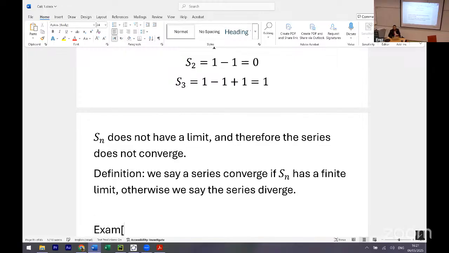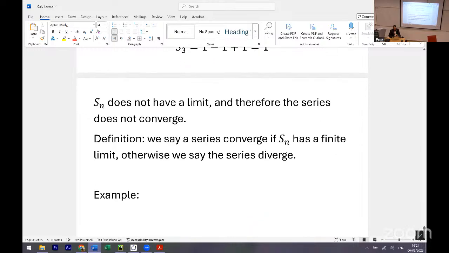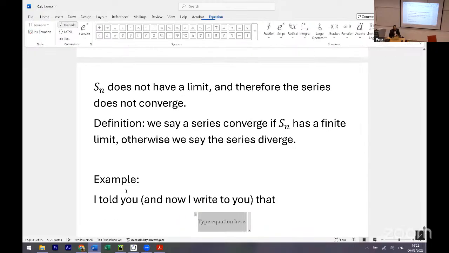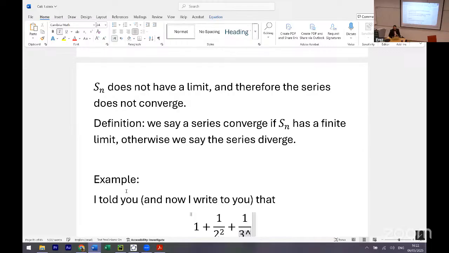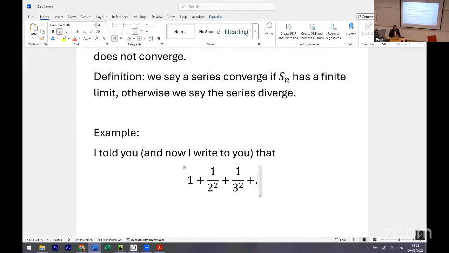Okay. Example, which is more of a question, but still an example. I told you, and now I write to you, that 1 plus 1 over 2 squared plus 1 over 3 squared plus, and so forth, equals pi squared over 6.